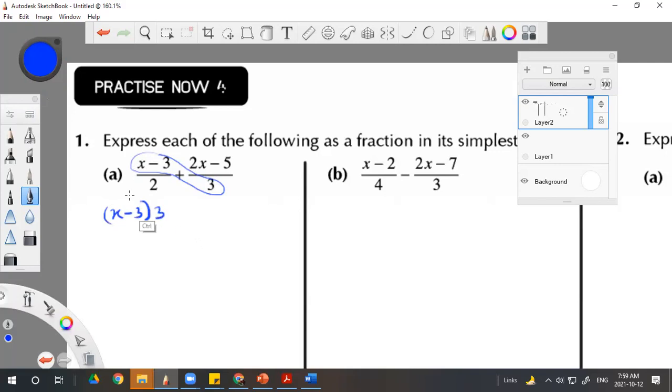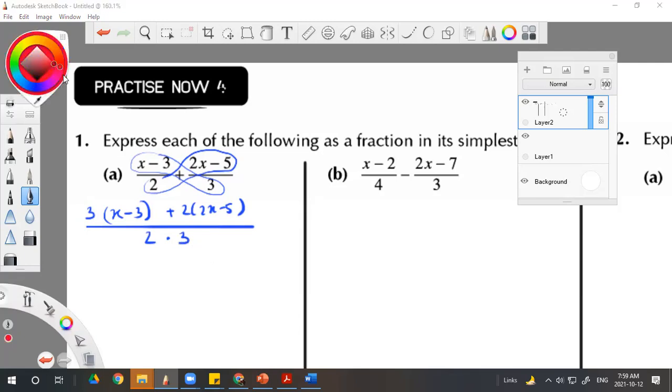Or you can just write 3 on the left side. That's how you do it simply. Plus 2 times 2x minus 5, over 2 times 3. Do it slowly, but make sure that you do everything right. If you don't do everything right, it will be a mess.